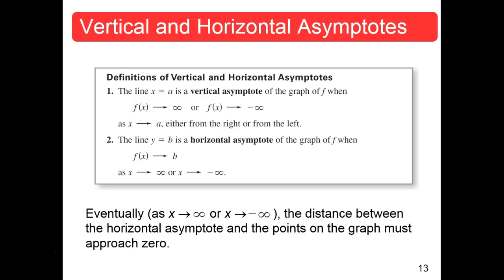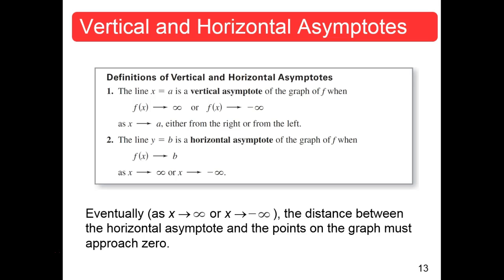Now, I've said it a couple times, but I haven't really explained what the difference is. I don't mind calling this y equals b. I like to call this x cannot equal a because it can't ever touch it. Because y equals b, it can equal b in here, not out there. Out there, it's approaching it. But in here, it could cross b several times.